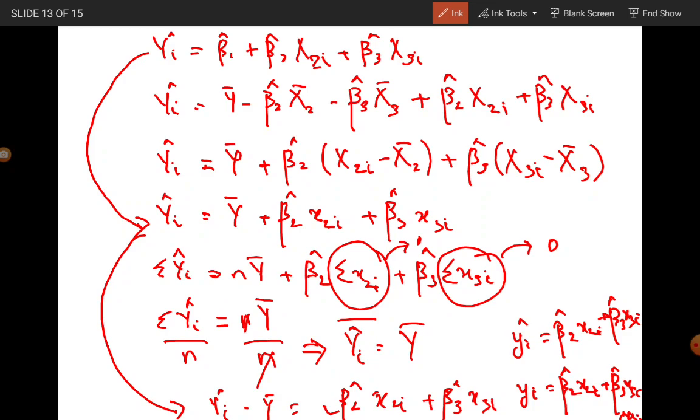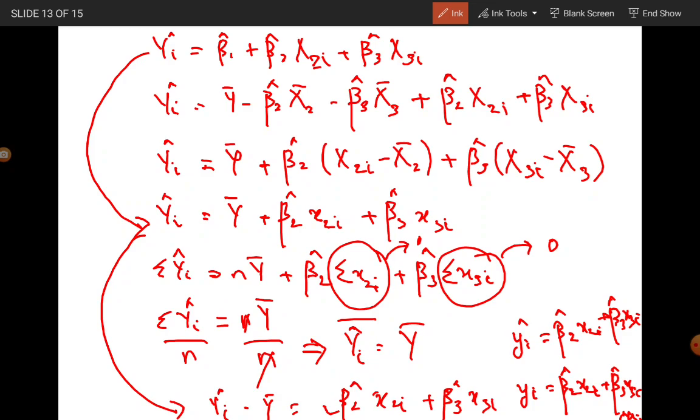Right? This is called the deviation form, where instead of the variables capital Y, capital X2i and capital X3i, I'm writing in terms of their deviations from mean. Right? So when you write a regression equation in its deviation form, note that it does not have the intercept term. There is no beta 1 hat in this form.